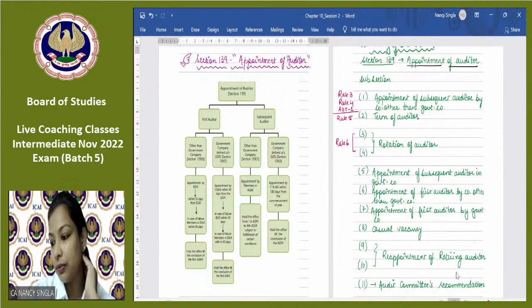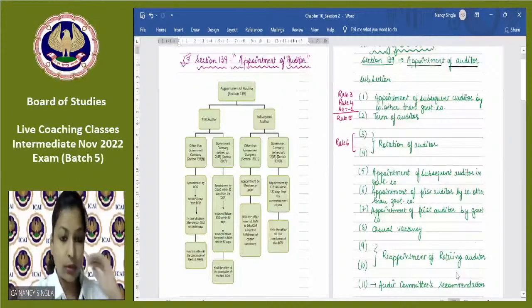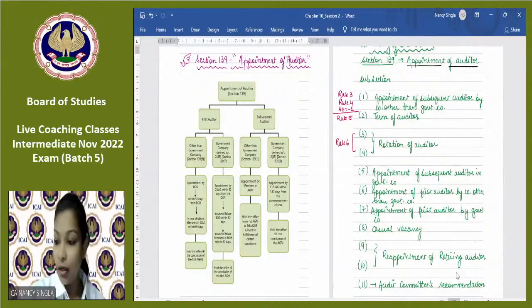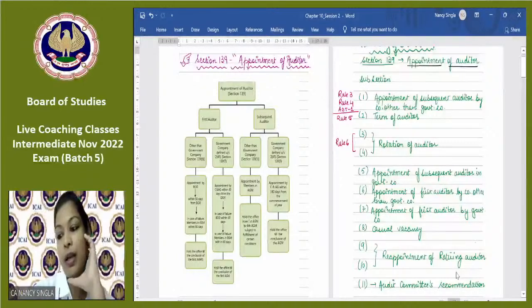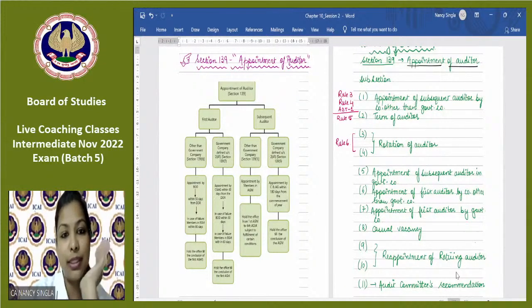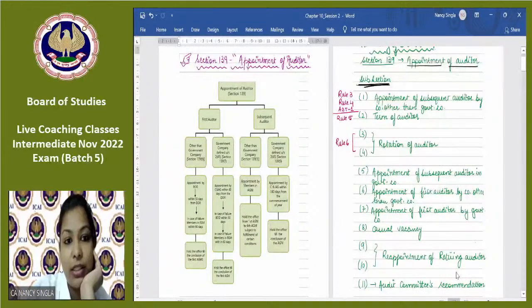Appointment of auditor. So Karthik, it is an independent constitutional authority, same as you have answered it correctly. Like a post is there. Okay? Subsection, there are 11 subsections.